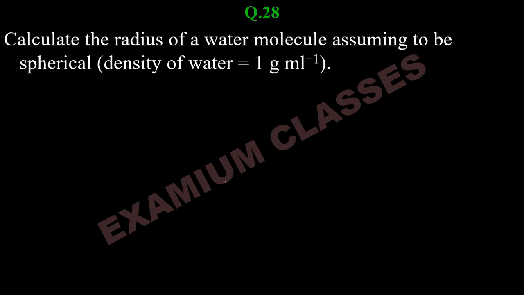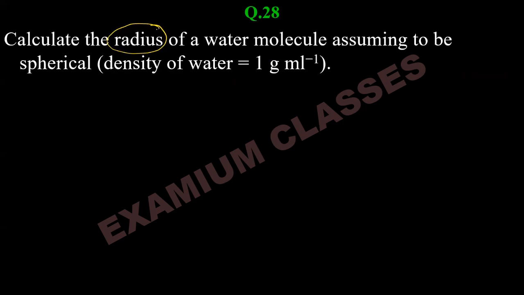Calculate the radius of a water molecule assuming it to be spherical. Density is given. Density you should already know. Even if it is not given, you should already know water's density is 1 gram per ml. 1 liter is equal to 1 kilogram, or 1 milliliter is equal to 1 gram. Now understand. Here again, radius given, you can calculate the volume.